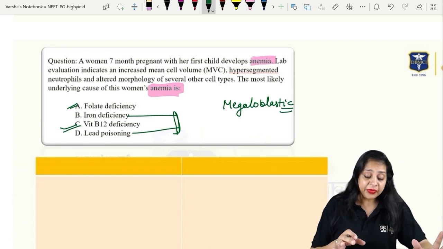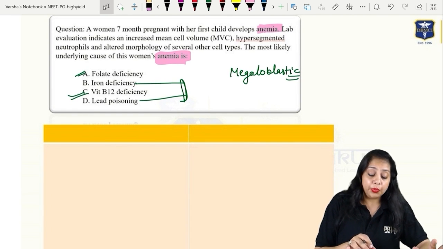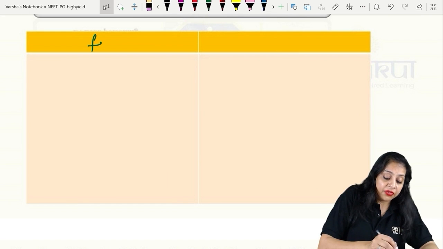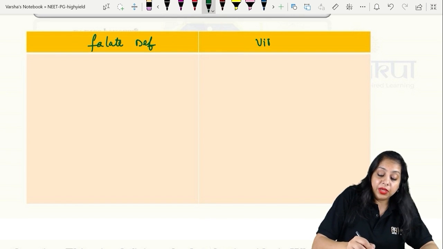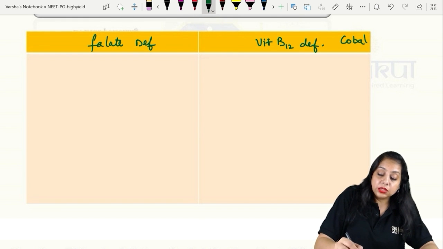But still, this question is just a simple question. You may find a complicated one. I want you to figure things out based upon other facts also. Folate, just learn these facts. Folate deficiency and vitamin B12 deficiency. Vitamin B12 is cobalamin.